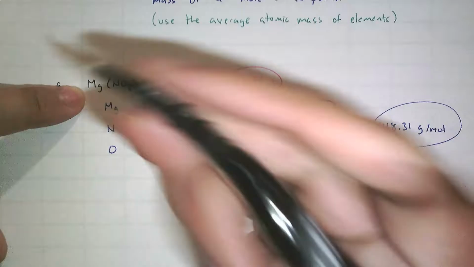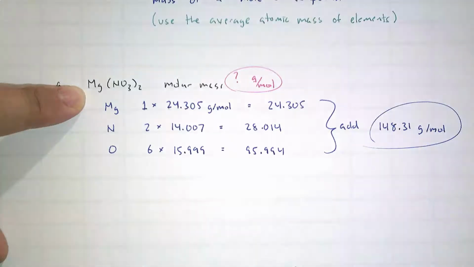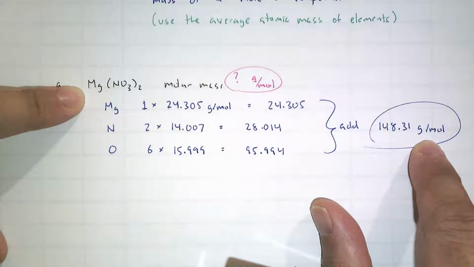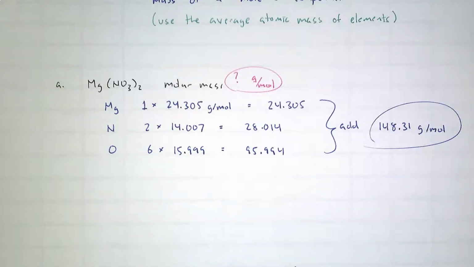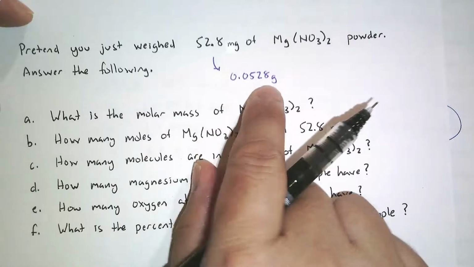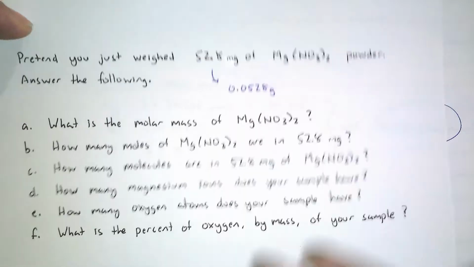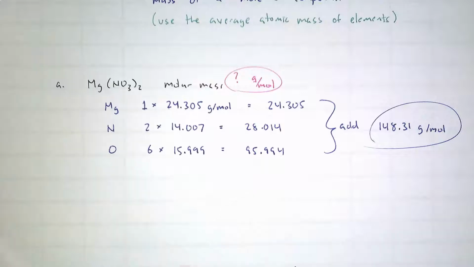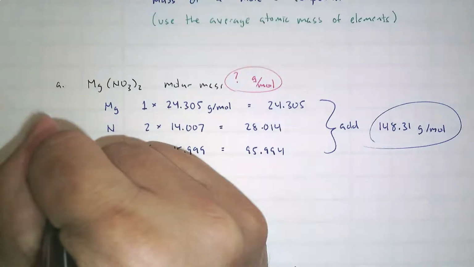What does that mean? If I had a mole of this, it would weigh 148.31 grams. Well, obviously I don't have a mole. I have much less than a mole because I only have 0.0528 grams. We didn't use this number in part A, but it looks like we're going to use it in part B.